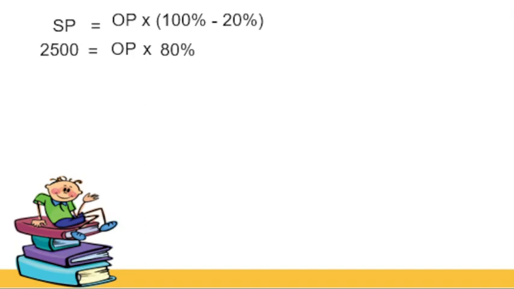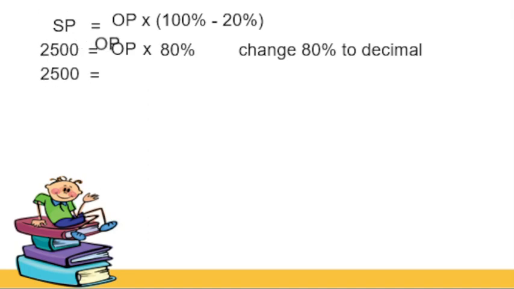Okay, so that is 2,500 is equals to OP times 0.8 or 0.80. And then, once you combine the OP and the 0.8, that will become 0.8 OP, same as what we have discussed in the previous lesson, that we just combine.